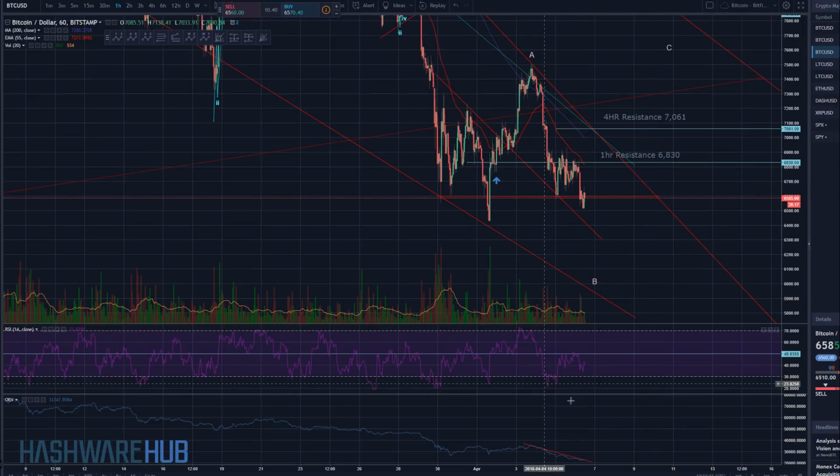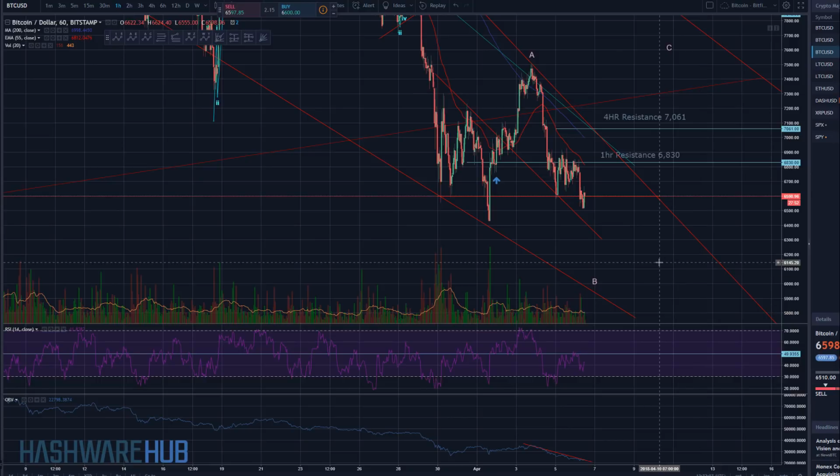As far as volume is concerned, the volume is just being sucked out of the market. And that's not good for the bulls. The bulls need volume. To go down, you don't need volume. To go up, you need volume. So that's what's going on there.